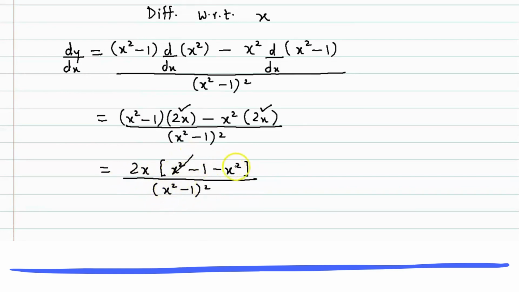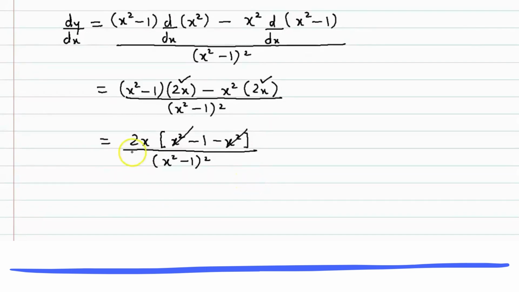So x square cancels with minus x square. So we have 2x into negative 1. So that is negative 2x divided by x square minus 1 the whole square. So this is the value for dy by dx.